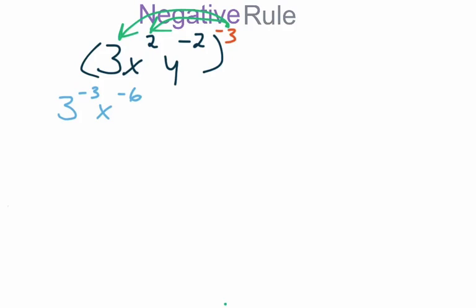So 3 to the negative 3rd power, x to the negative 6. And then we're going to take the negative 3 to the negative 2 on the inside. So it's going to give me y, negative 3 times the negative 2 up top gets you a positive 6 now.